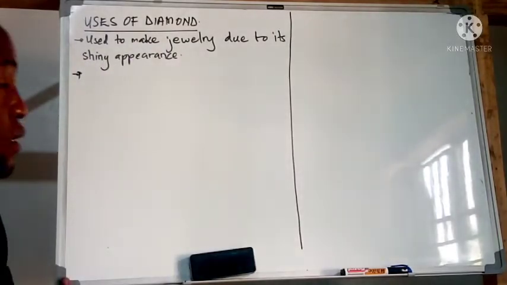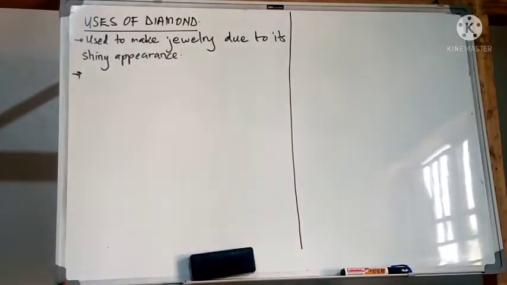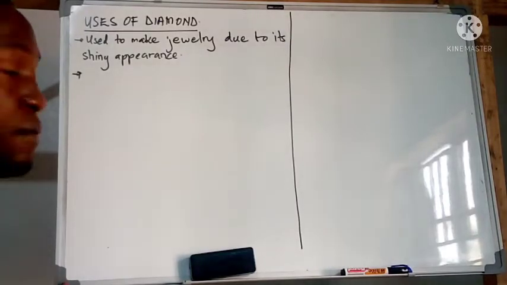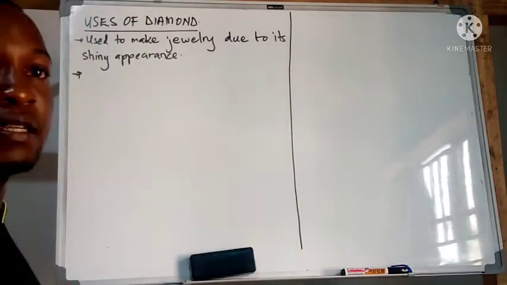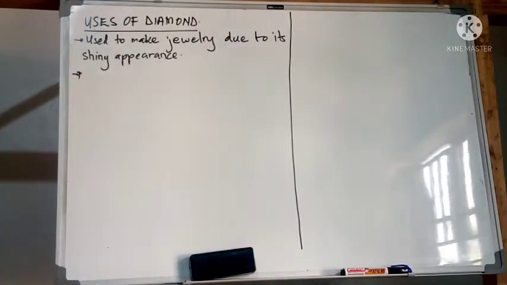Two, diamond is going to be very vital in industries for making drilling and cutting machines of substances.